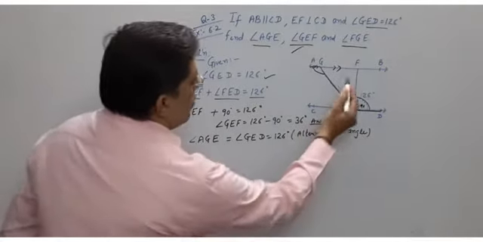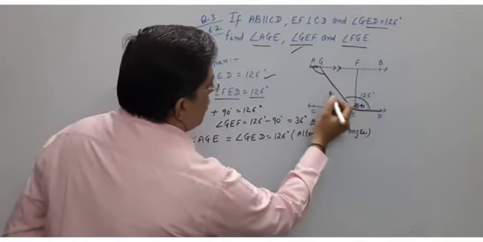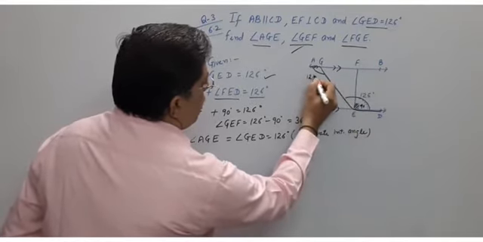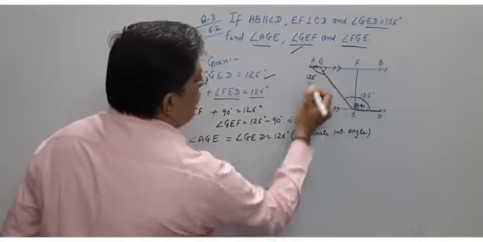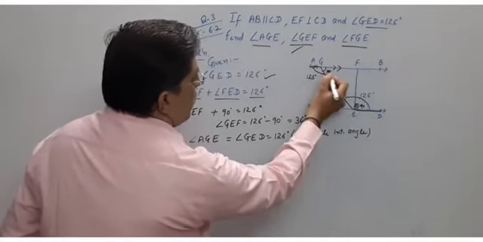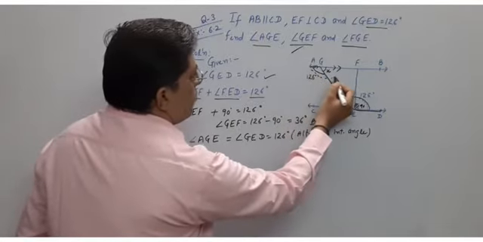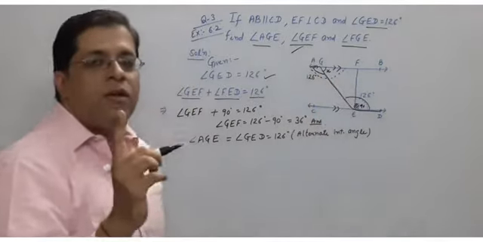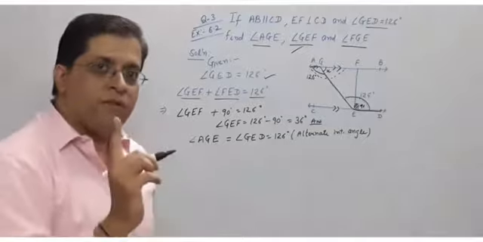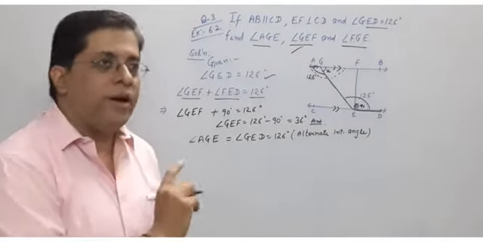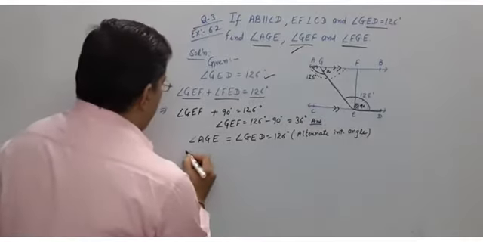Now what you want is FGE. This is 126 and this should be 126. This only we want, let's say this is X. This is just like a linear pair, which means the sum of two angles is 180 degree.